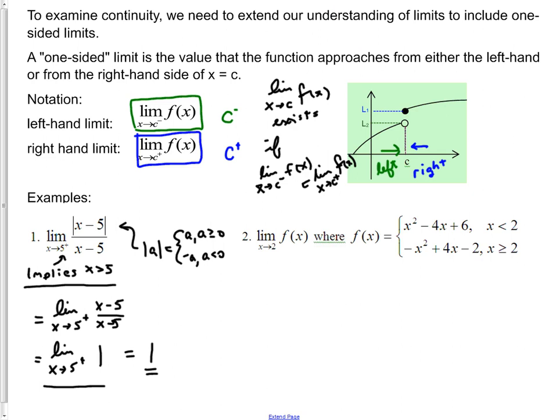Now we've got a second example. This time we've got another piecewise function where we want to examine the limit as x approaches 2. And we have this principle, again, that the limit as x approaches c of f of x exists if the limit from the left is equal to the limit from the right. So that means we're going to have to evaluate two different limits. We're going to evaluate our limit as x approaches 2 from the right of f of x, of course.